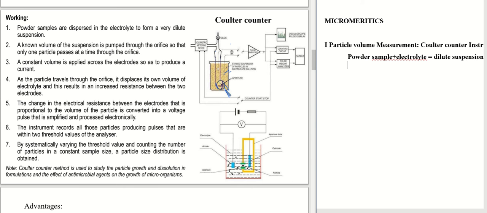This suspension is taken in this beaker. A known volume of suspension is pumped through the orifice, so that only one particle will enter the orifice at a time.